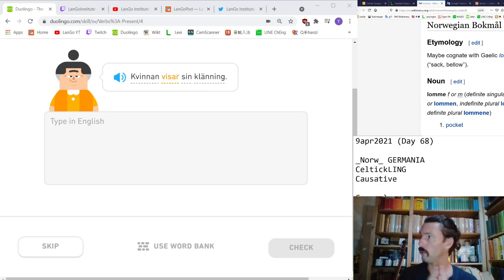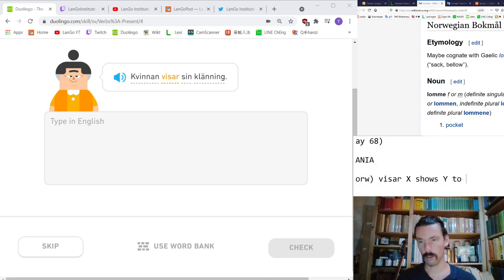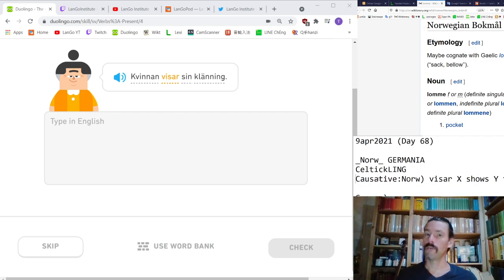It's coming up in an upcoming Lango blog post. It'll be an important, relevant point. Norwegian. Visar means X shows Y to Z. Which is a causative of the seeing verb.